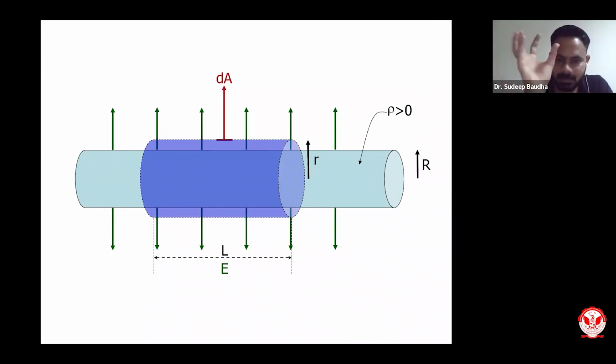Now this particular Gaussian cylinder is finite in nature, which has a length L. So what we have done is, we have a cylinder which is very long in nature, but I am going to calculate the electric flux on a Gaussian cylinder, and then I will relate this electric flux with total charge upon epsilon naught.